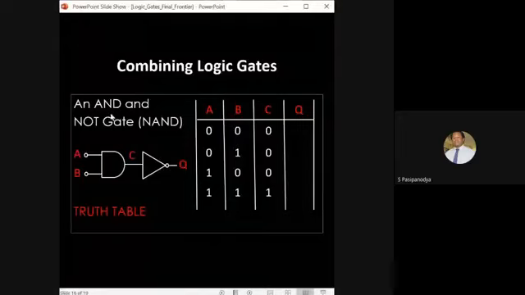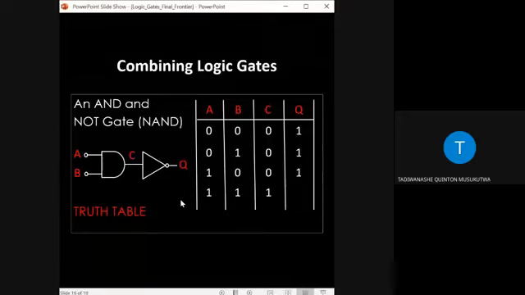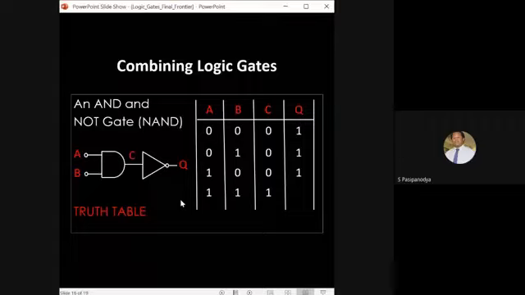Therefore, if something is not false, it is what? True. And for the next level, the output becomes what? 1. For the third level, the output becomes what? True. And for the last level, the output becomes what? 0.